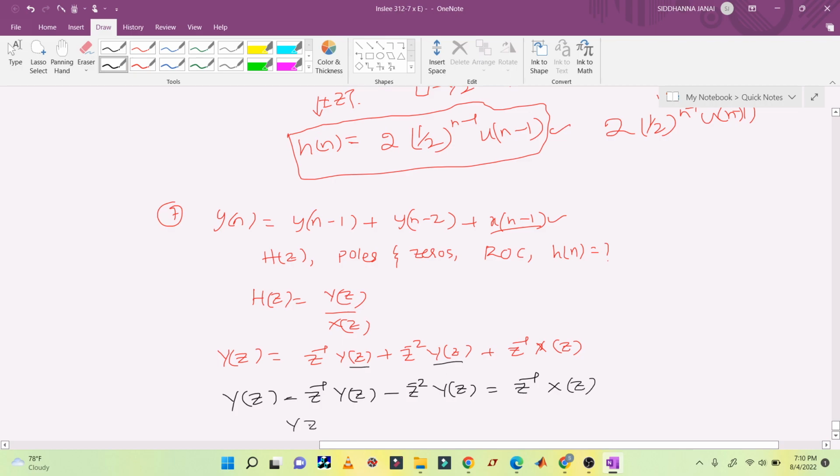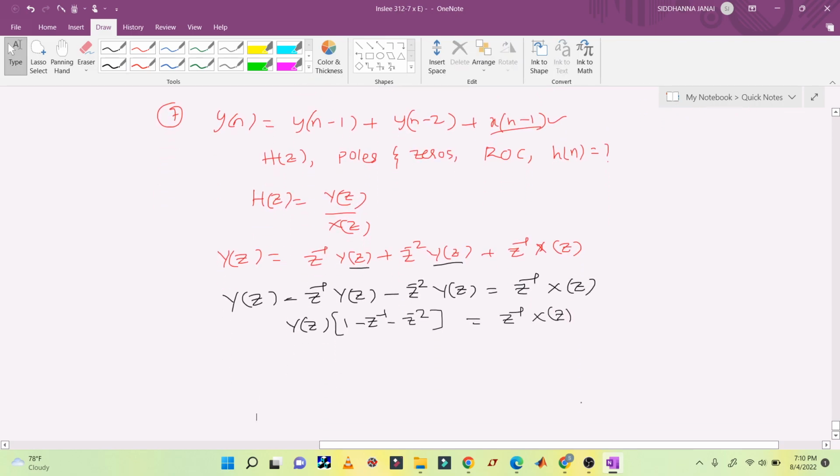So let me consider y of z as common. If I take that as common, what I will get: y of z into 1 minus z inverse minus z to the power minus 2 equal to z inverse x of z.